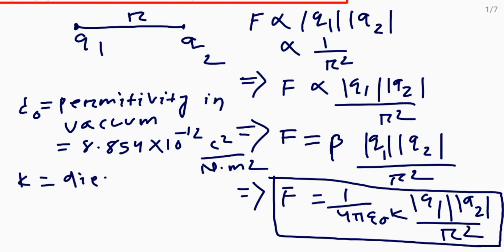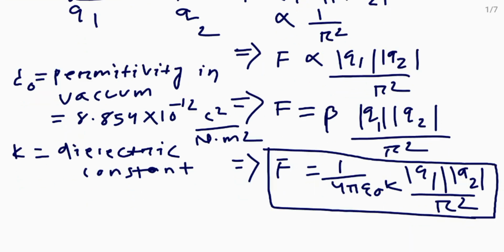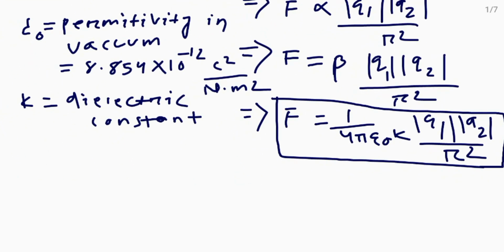K is the dielectric constant, which has a different value for different mediums. So if we put the 1 by 4 pi epsilon value, then we know the value of 1 by 4 pi epsilon is 9 into 10 to the power 9.